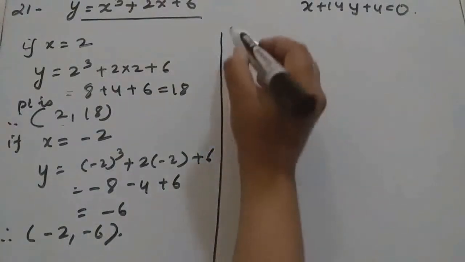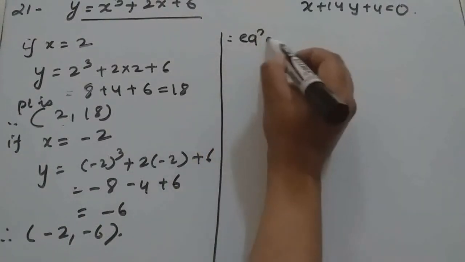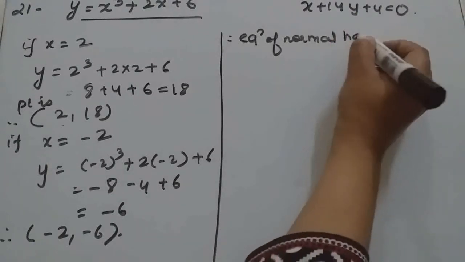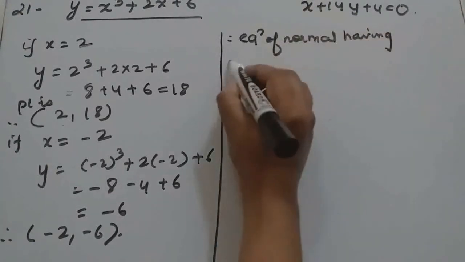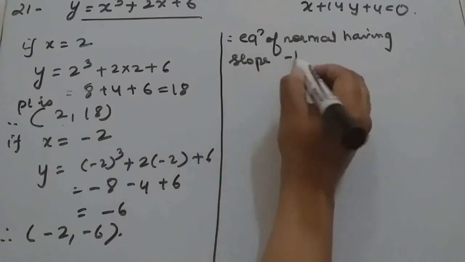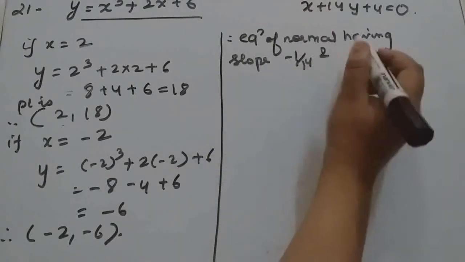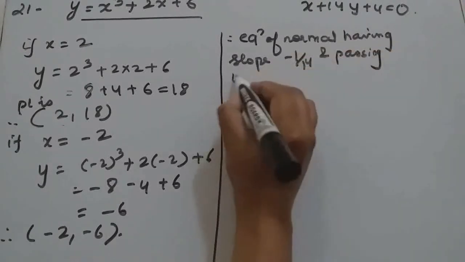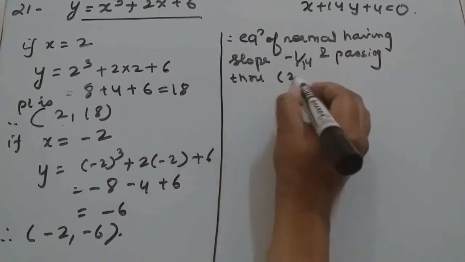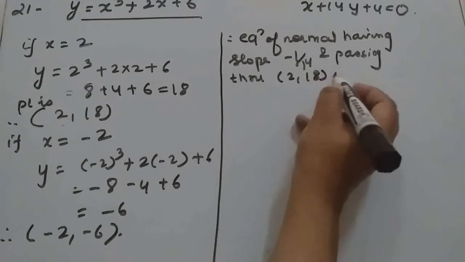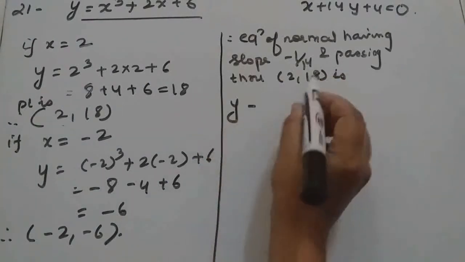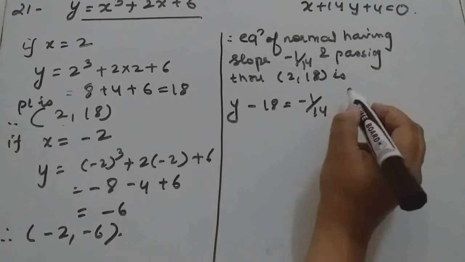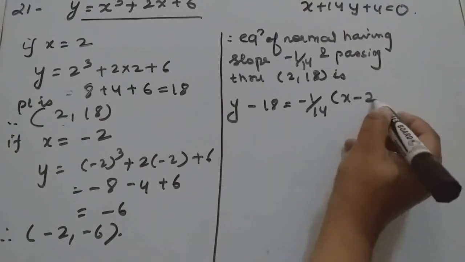Therefore equation of normal having slope minus 1 by 14 and passing through 2 comma 18 is y minus y1 is 18, m is minus 1 by 14, x minus x1.